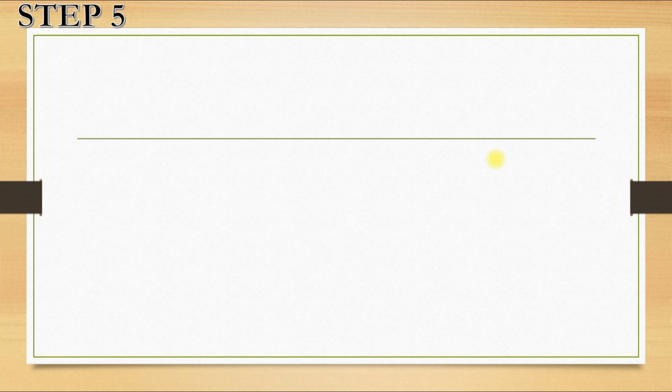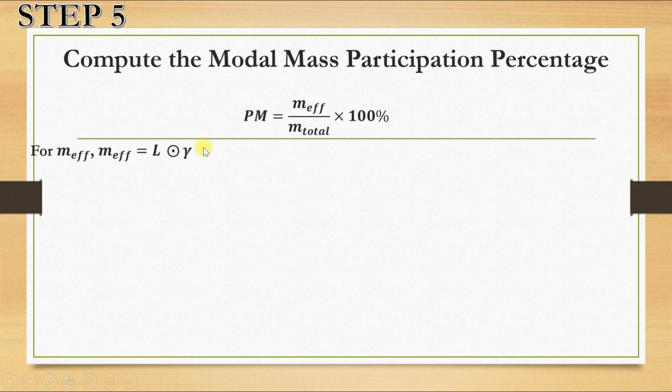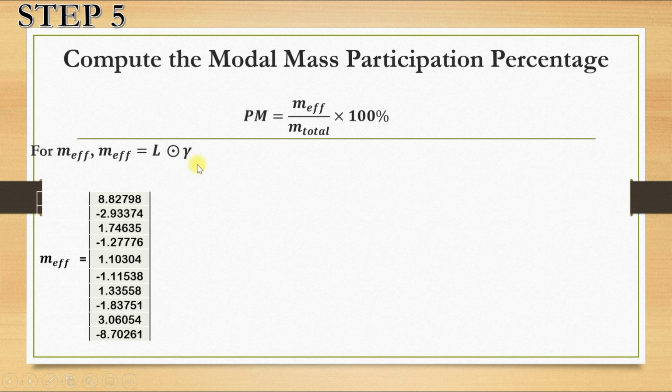Okay, so for our step 5, we have to compute the modal mass participation percentage, which is represented by this PM, and it is equal to the effective modal mass divided by the total modal mass times 100%. So in order to get the value of the effective modal mass, we have to use this formula, which is the Hadamard product of L and the gamma.